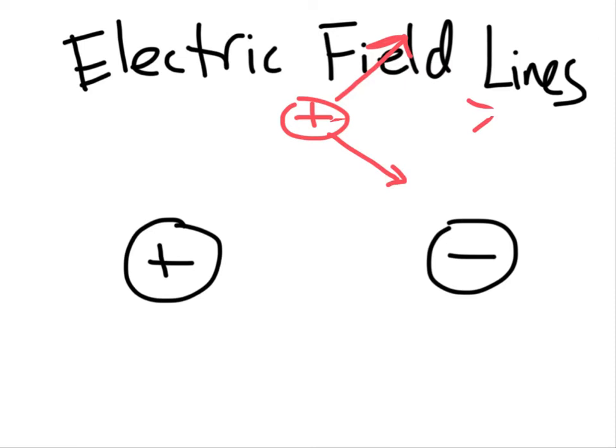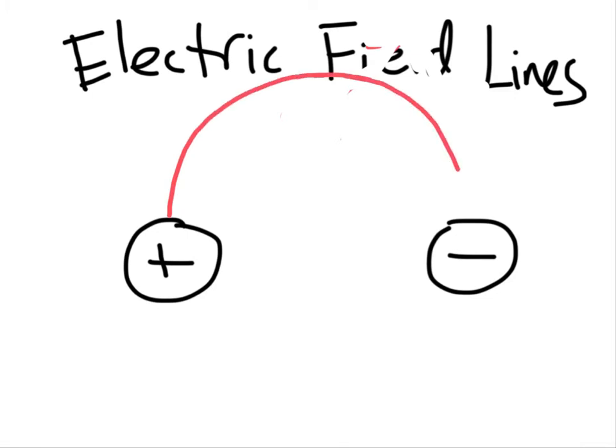So if we erase this guy, and just know that the force was to the side at that point, what we can do is draw these lines that indicate the direction that a charge would experience a force.